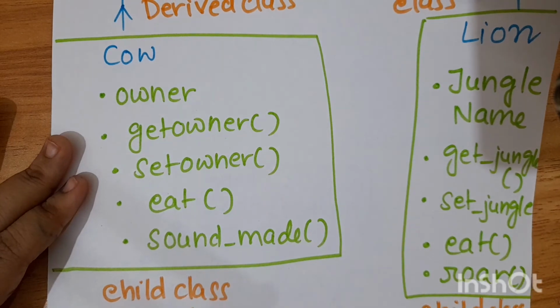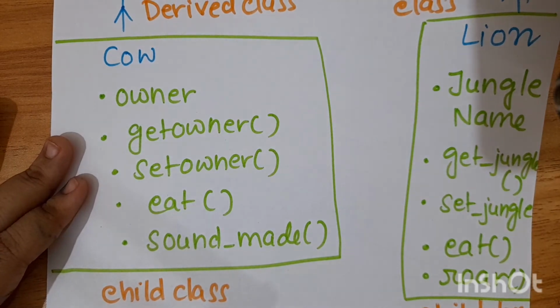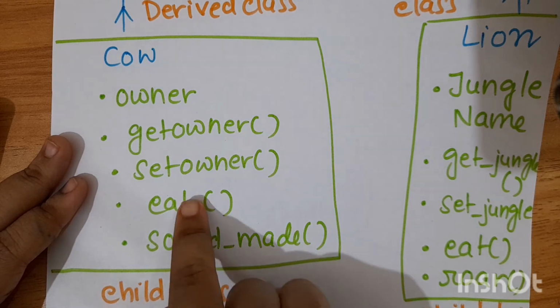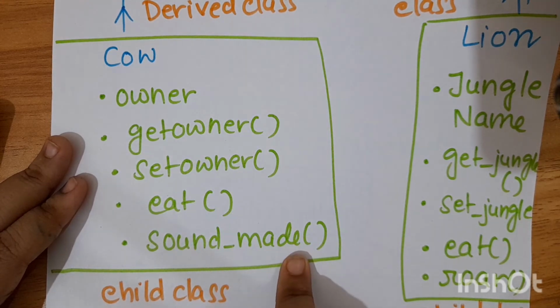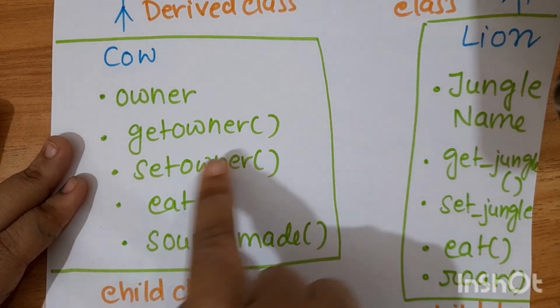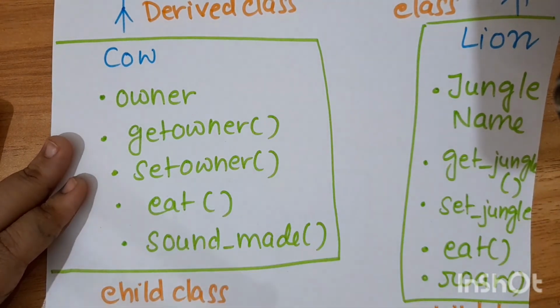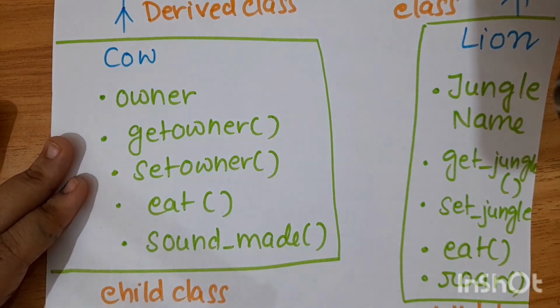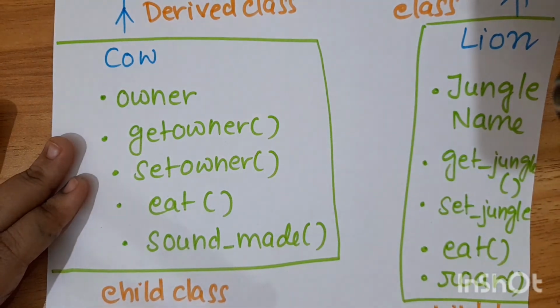Then what the cow eats, what type of sound it makes. So these are eat, sound, make, get owner, set owner. These are all the functions of the derived class.